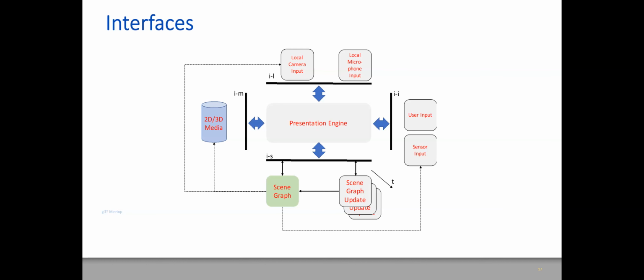The description of how to access these components is provided in the scene description document. That information gets passed to the media access function, which will load the media. The other interfaces are local interfaces and interactivity interfaces. These provide the immersive interactive experience that we want to enable here.